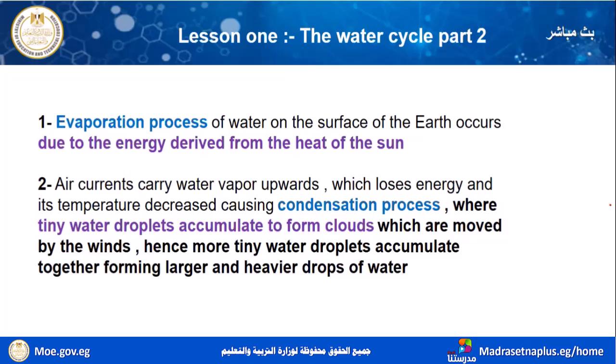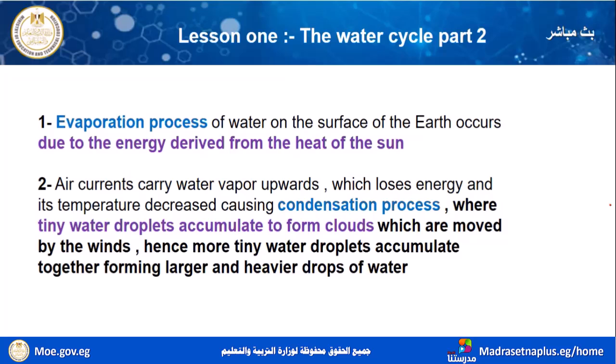Number 2, air currents carry water vapor upwards, which loses energy and its temperature decreases, causing the condensation process. We said when water vapor is formed, it rises up while air currents carry water vapor upwards.